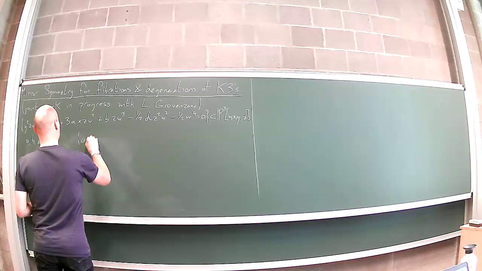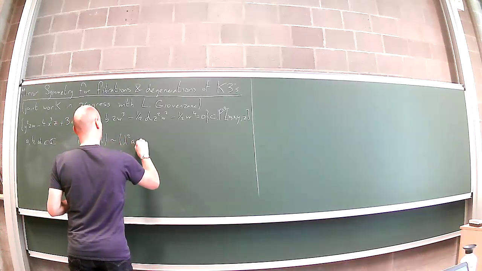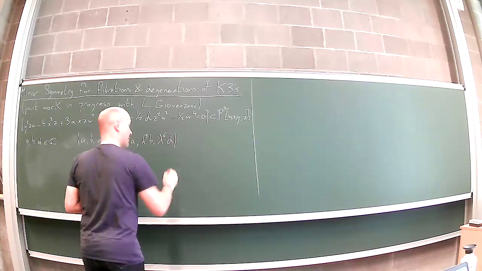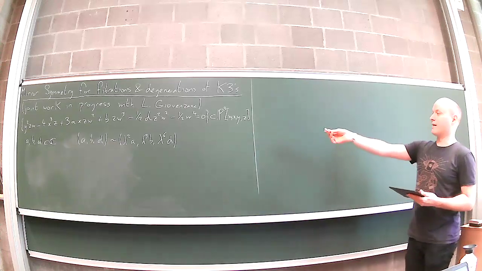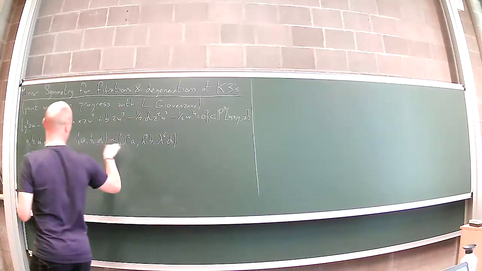If I scale A, B, and D by lambda to the 6D, it gives the same surface. So there's an isometry which relates these, and if you get lost and you're bored, try and find the isometry of this equation that relates these two things together.